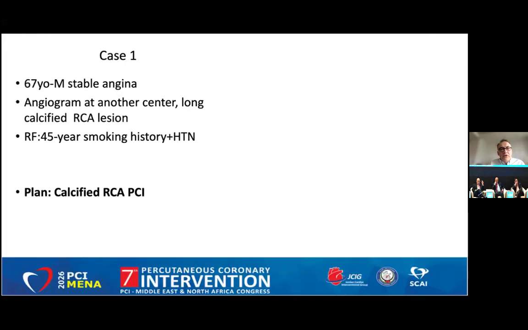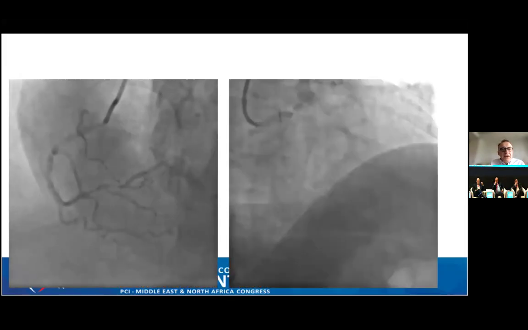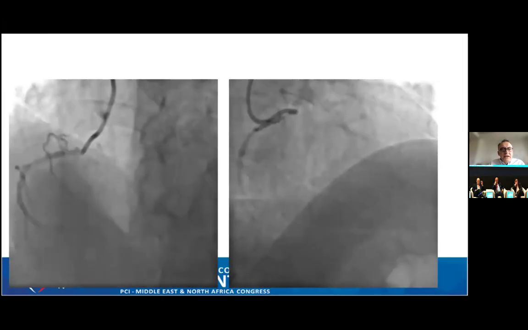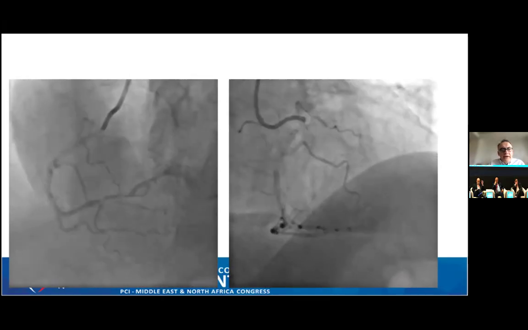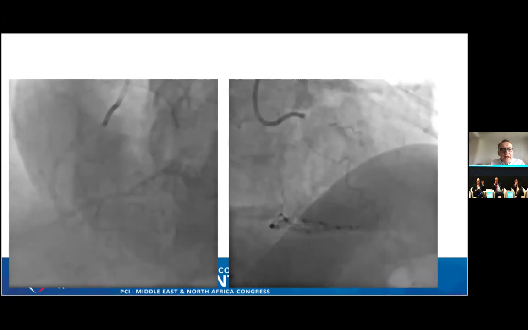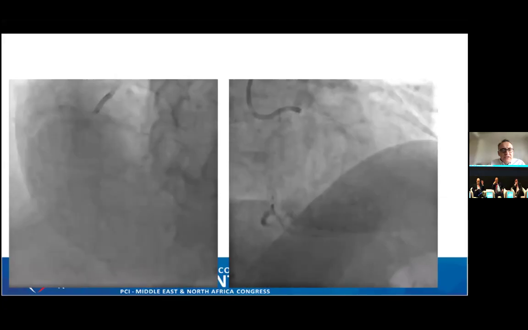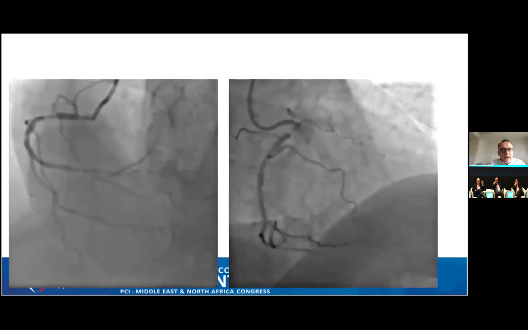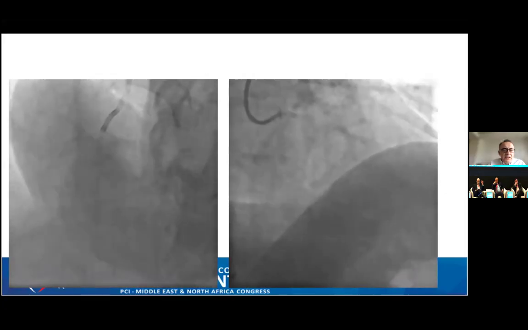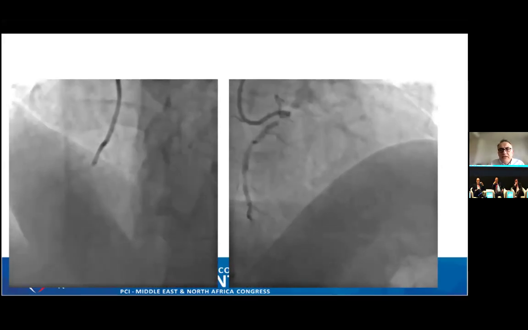This is our algorithm. I'd like to show you some examples. This is a very long lesion in the RCA. If we treat these patients with stents, I believe we have to stent from the distal bifurcation all the way, like we treat a CTO, but it's calcified. There are lots of severe stenoses.